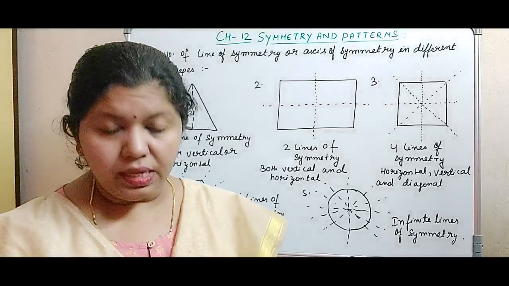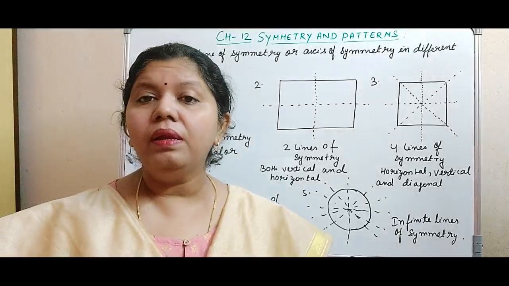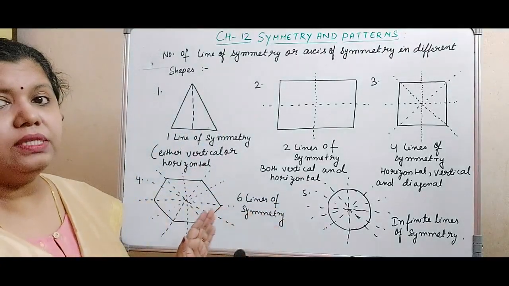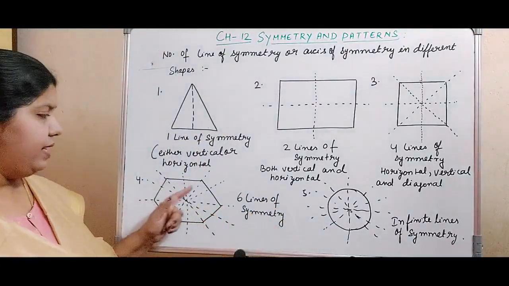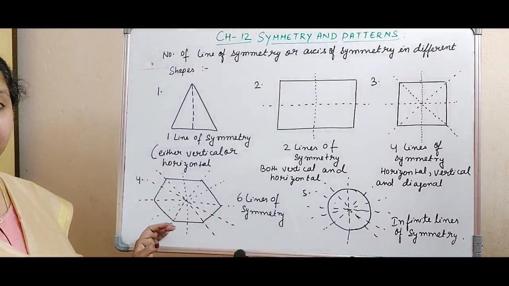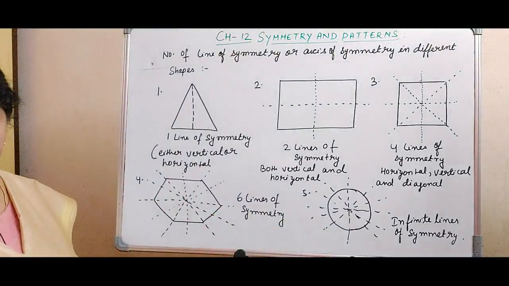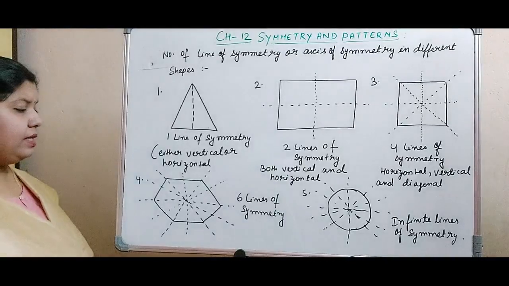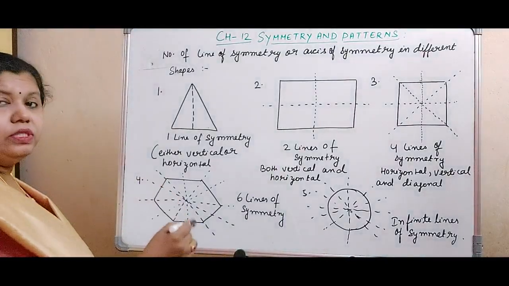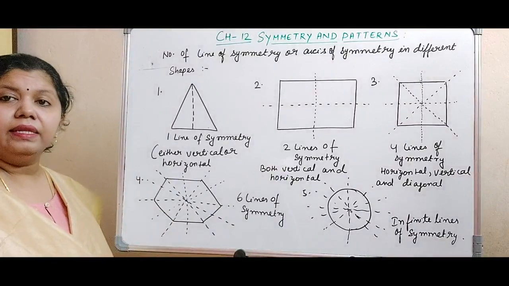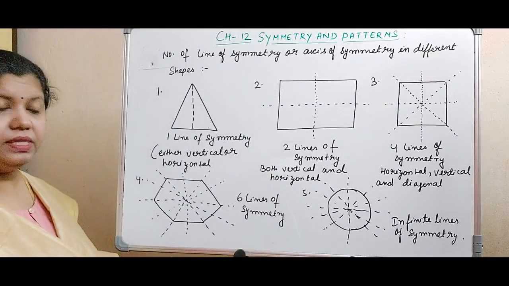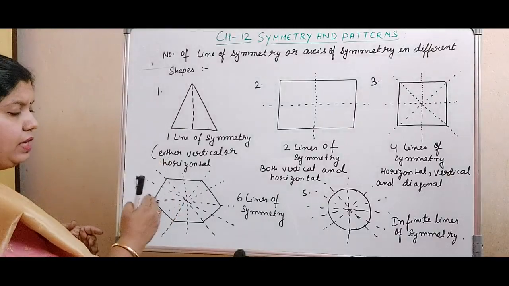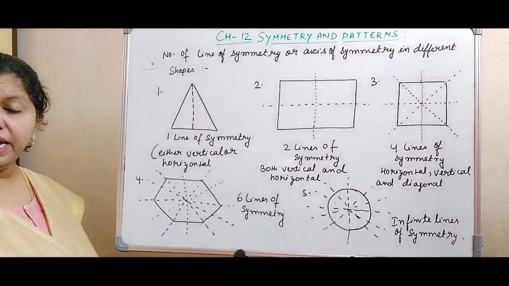So these are the important things that you have to remember. And there are another two figures which I have drawn here. One is your hexagon. You can see it is a 6-sided polygon. In a hexagon, you can draw diagonals through the opposite vertices, and they can be folded very easily. It can also have a vertical as well as a horizontal line.